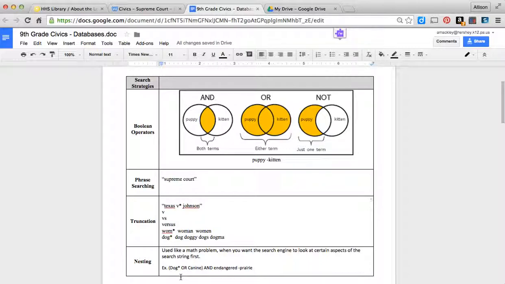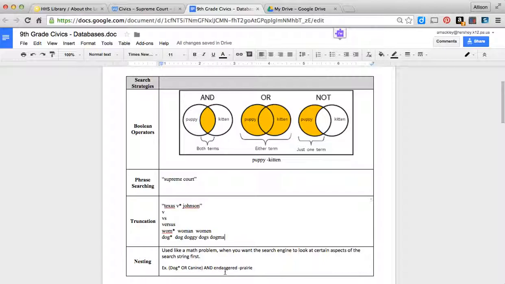So it will search for articles with dog, dogs, doggy, any of those possibilities, or canine. So you might have 3,000 results. Then it will look for and endangered. That will then narrow your results to only the articles that have these words plus the word endangered.